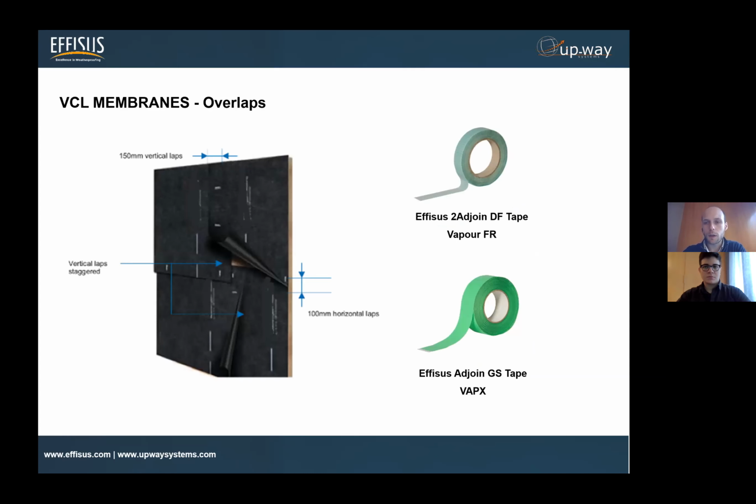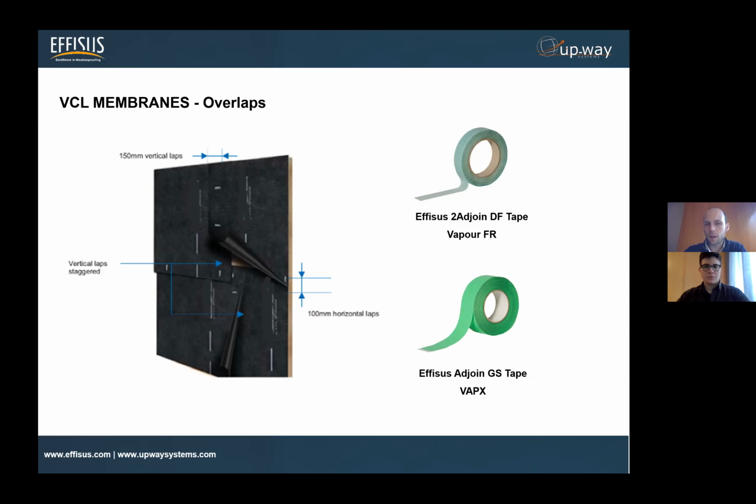And regarding overlaps, it's basically the same. We're playing normally with self-adhesive tapes. There can be some difference in the choice of the tape between one system and the other, but we'll be supporting and assisting you in this definition of the accessories.